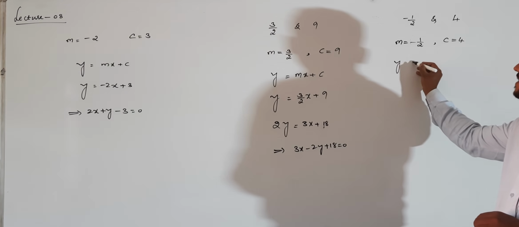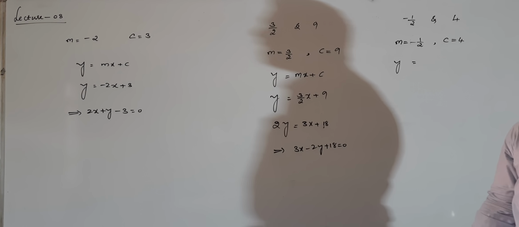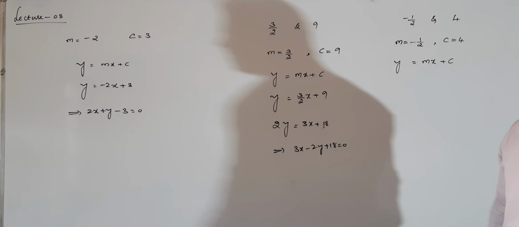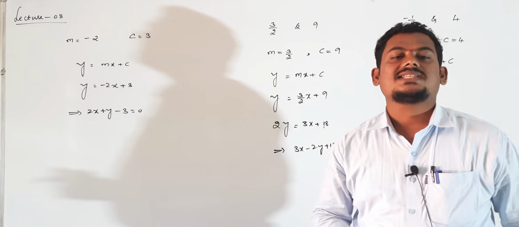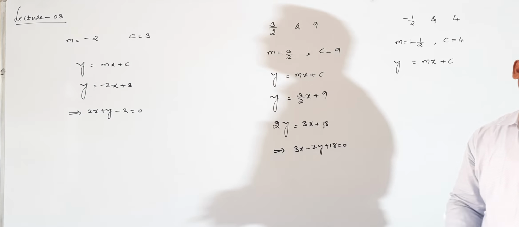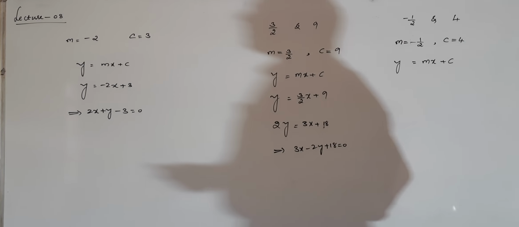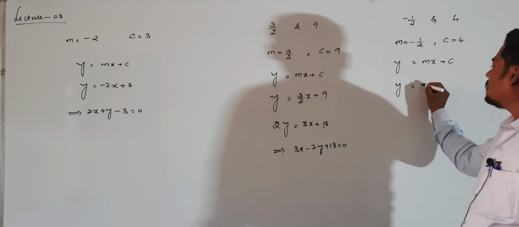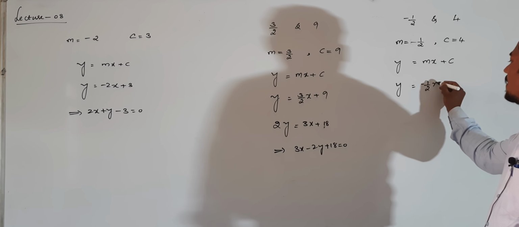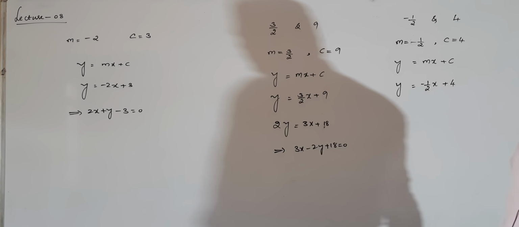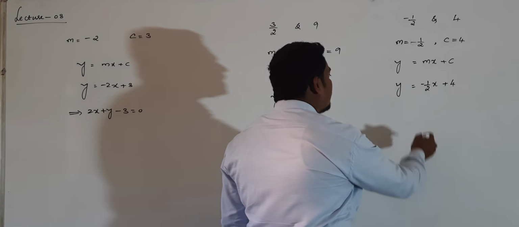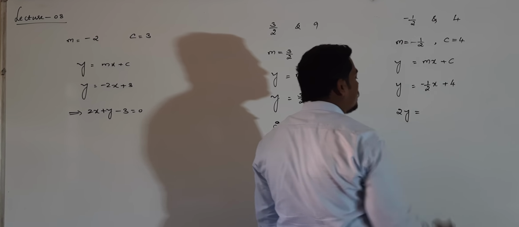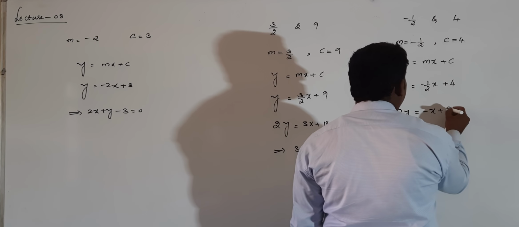When the y-intercept and slope are given, the formula is y is equal to mx plus c, right? Just replace the m value as well as the c value. Y is equal to minus 1 by 2 into x plus 4, right? Then taking LCM and rearrangement, it will be 2y is equal to minus x plus 8, right?